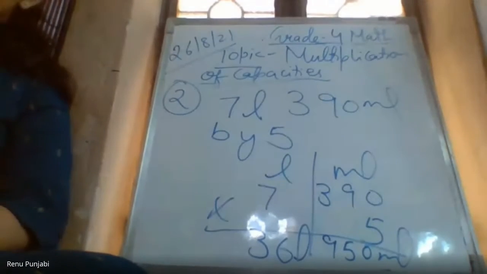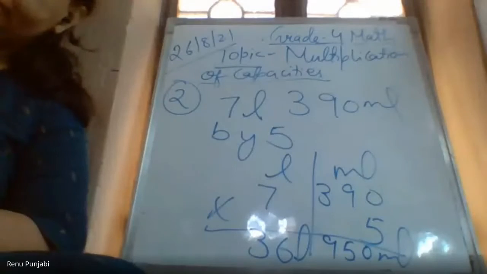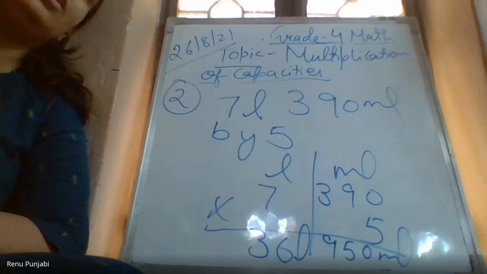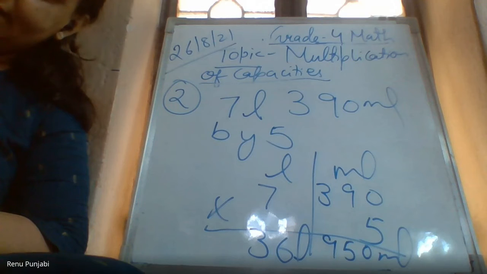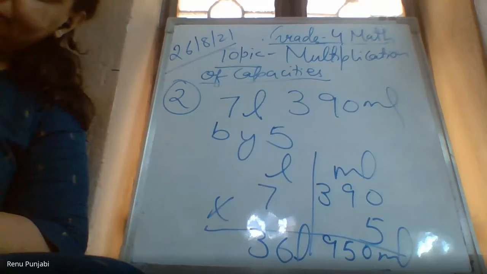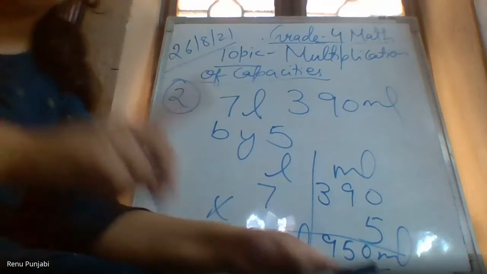So, 4 zeros are 0. 4 5s are 20, so the 2 will be carried over. 4 2s are 8, 9, 10. 8 plus 2 will be 10. So again 0 and 1 will be carried over to 5. Yes. So 4 5s is, wait a minute.